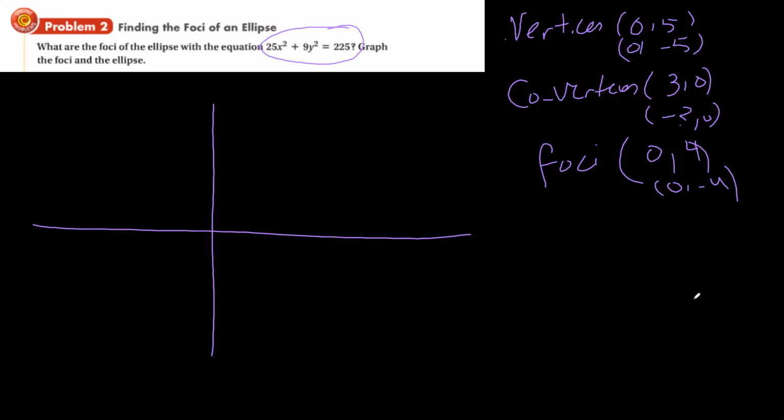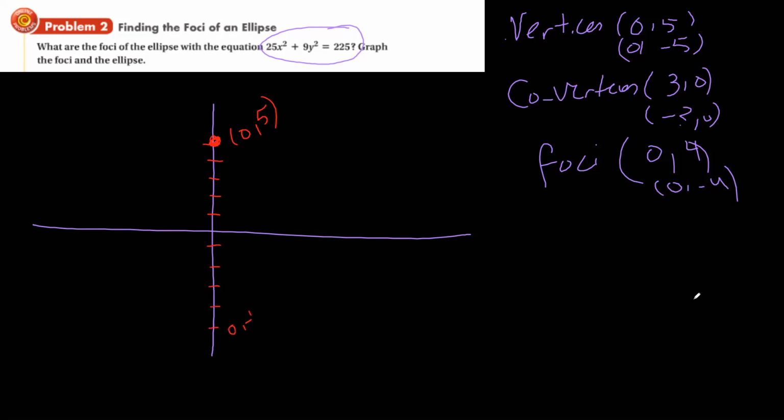0, 5. Here I have 1, 2, 3, 4, 5. So here it will be the first vertex. And the second one here, 1, 2, 3, 4, 5.